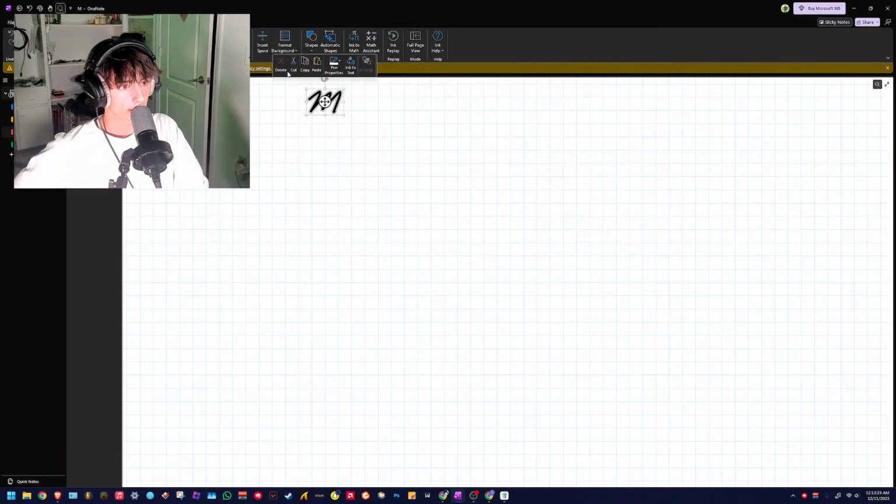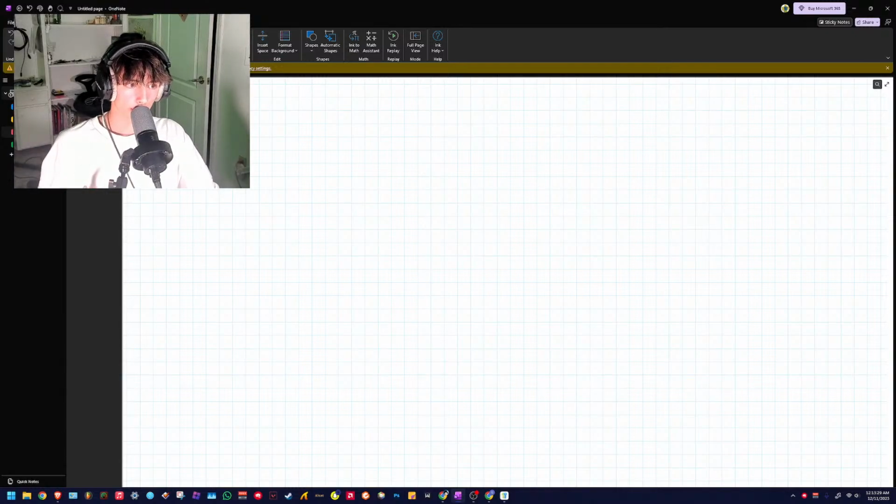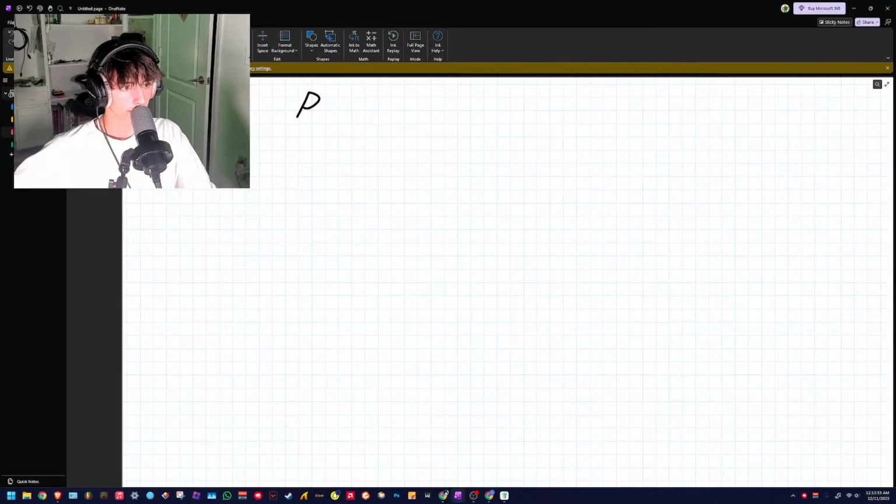Delete that. So we're going to start off with the position of X and Y. So here we have position of X, that's its own vector, right? And then position of Y. Pretty simple.